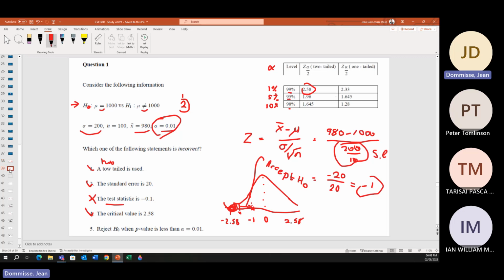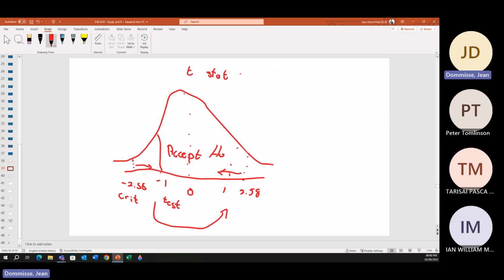So what they're actually asking us is, if your t-stat was sitting here, would we reject the null hypothesis? And the answer would have been yes. So if your t-stat was, say, minus 3.15, it sits on the outside of your critical value, and then you will reject your null hypothesis.